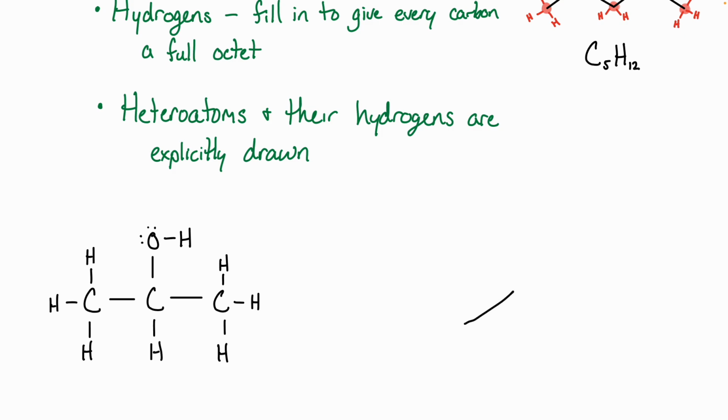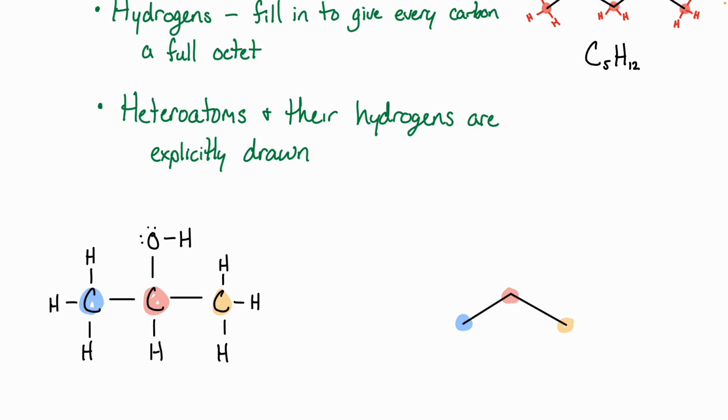And so 1, 2, 3 carbons. Okay, we can sort of color carbon on the end blue, carbon in the middle red, carbon on the other end orange, right? Those are my 3 carbons in that molecule.